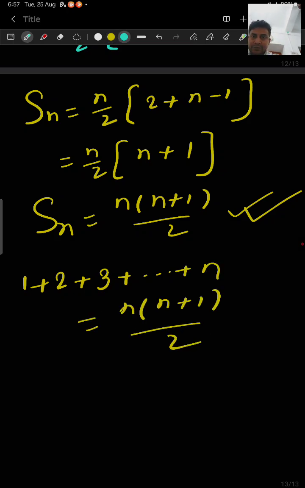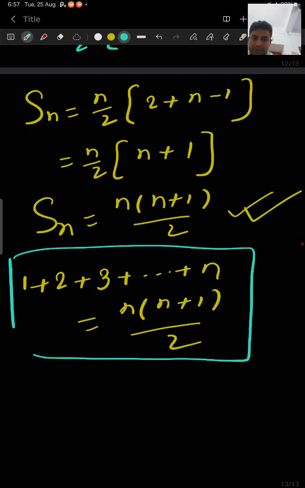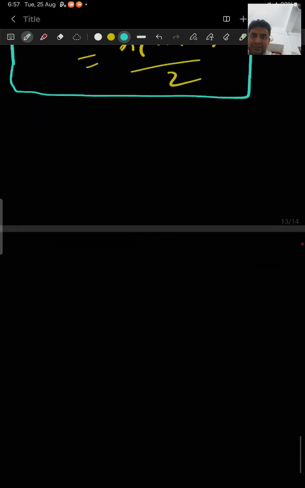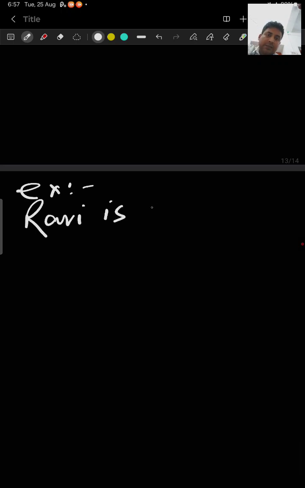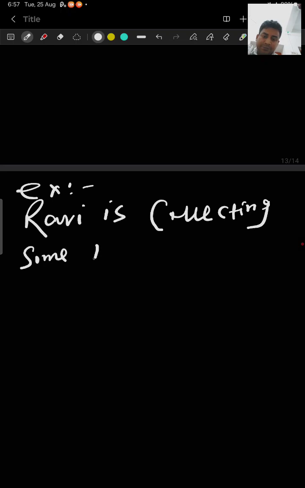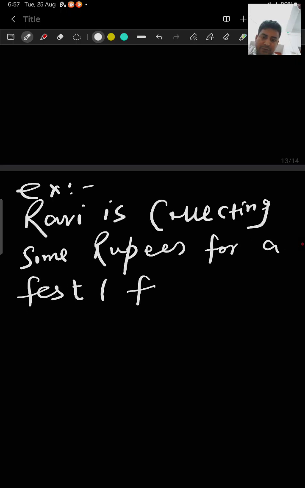Okay, good. Now there are some examples on sum. Ravi is collecting some rupees for a fest or function.